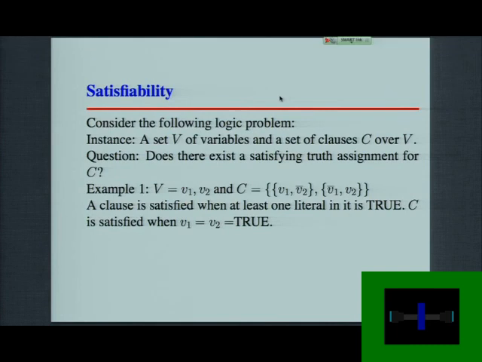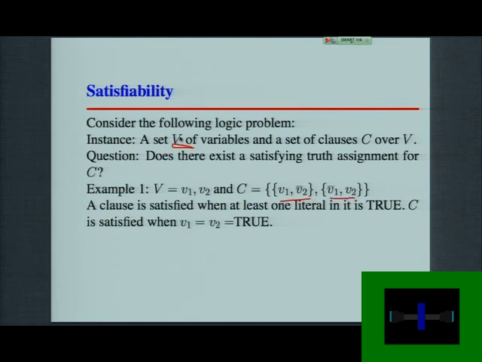Satisfiability is a logic problem. Logic means the kind of logic where you've got ands and ors and nots. In particular, the input is a set of logical formulas, or in particular, a set of Boolean variables, Boolean meaning things that can be said to be true or false, and a set of what they call clauses over these Boolean variables.